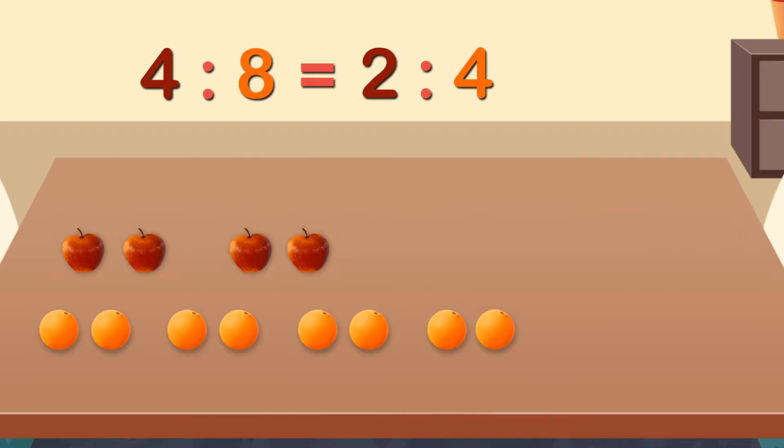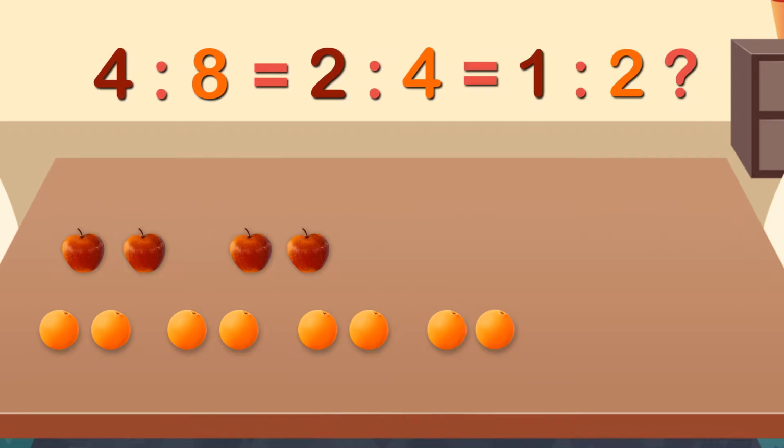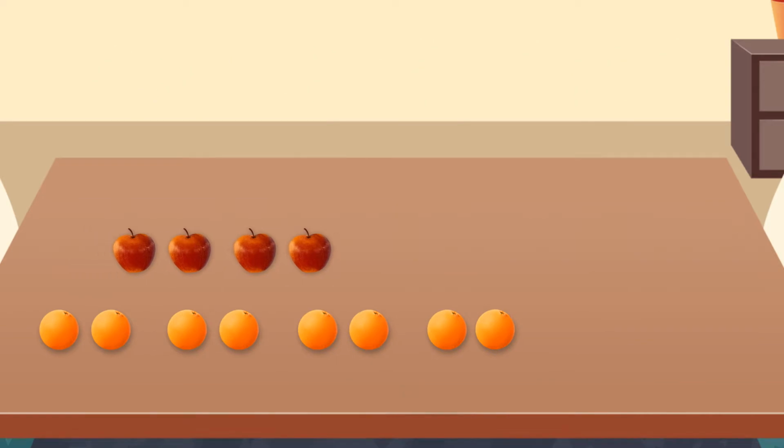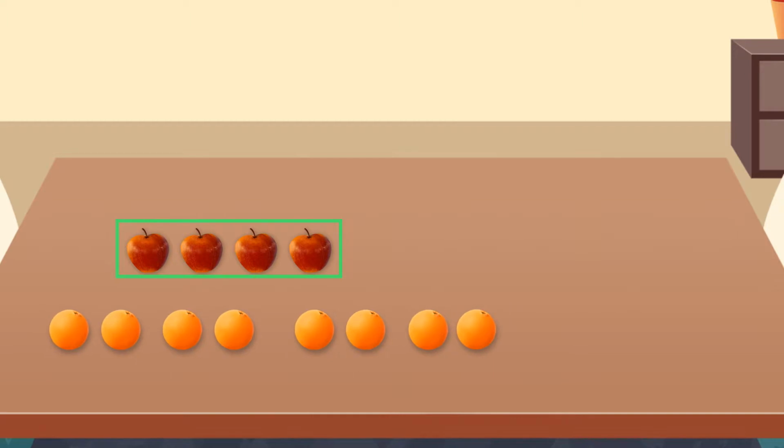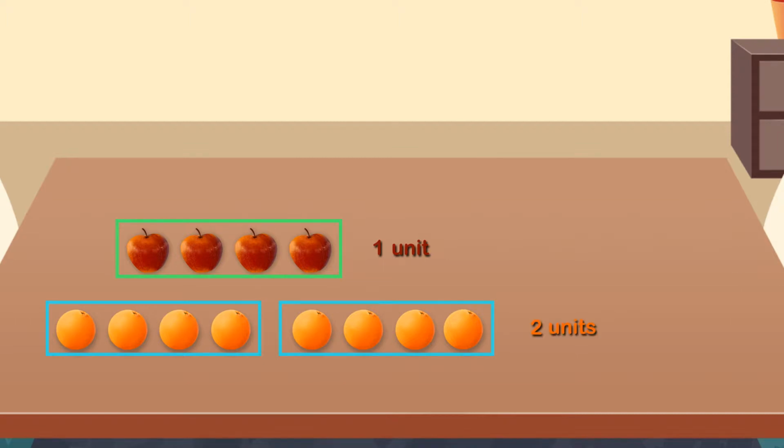Now let's look at the ratio 1:2. We will now put all the 4 apples into one group and the 8 oranges into 2 groups of 4 each. So now, if we take each group of 4 as 1 unit, we have 1 unit of apples and 2 units of oranges.